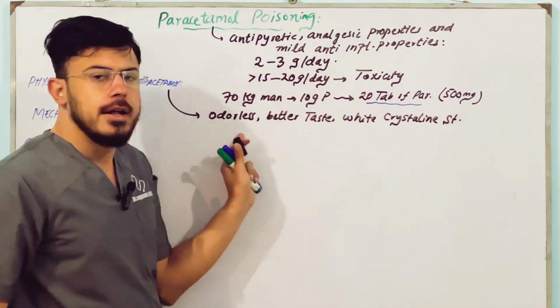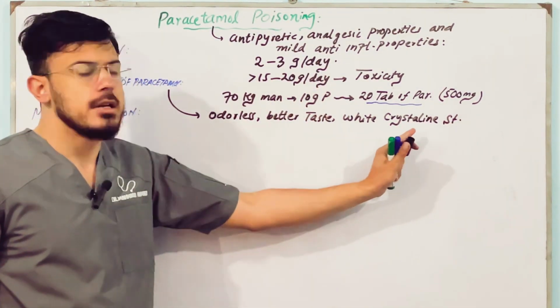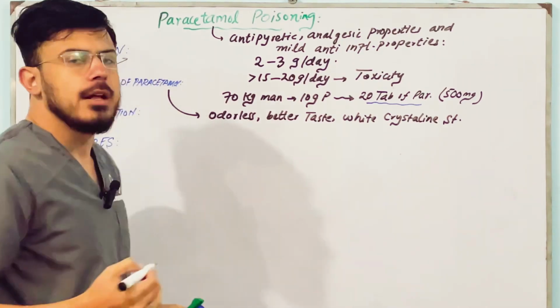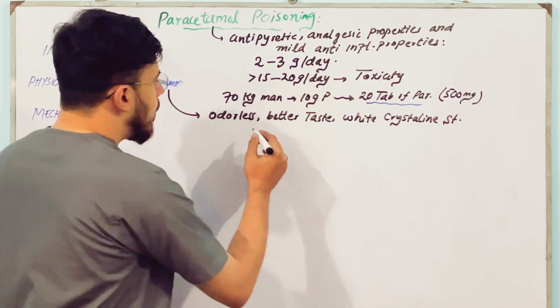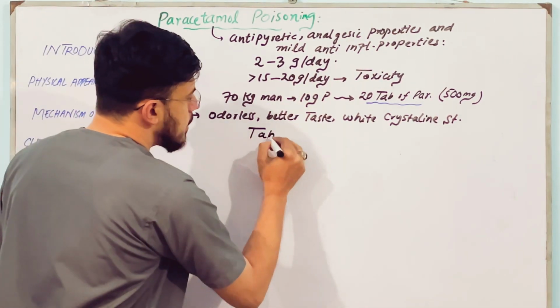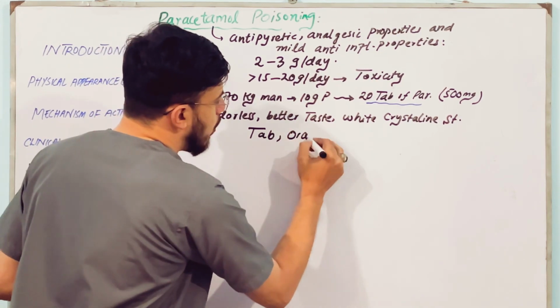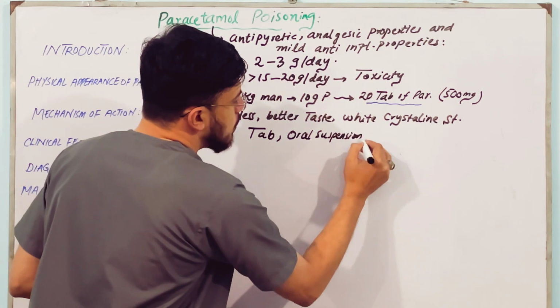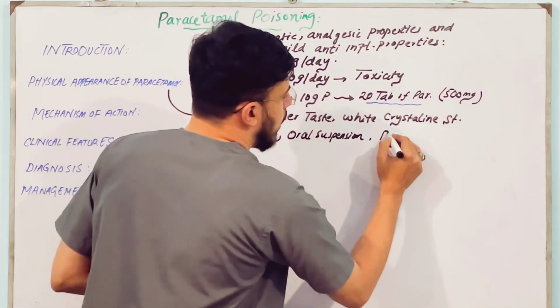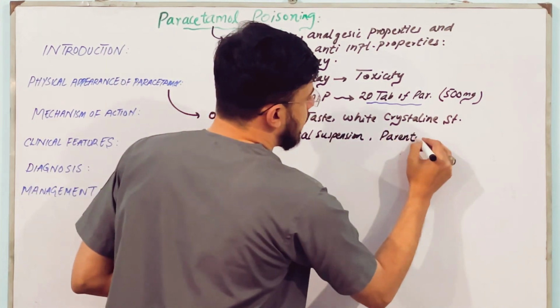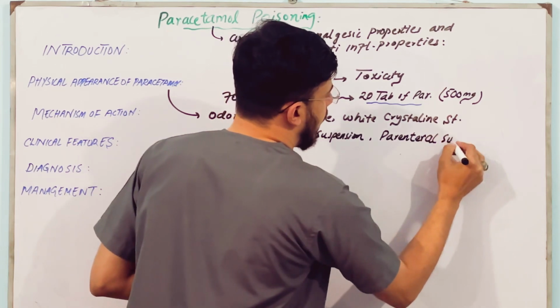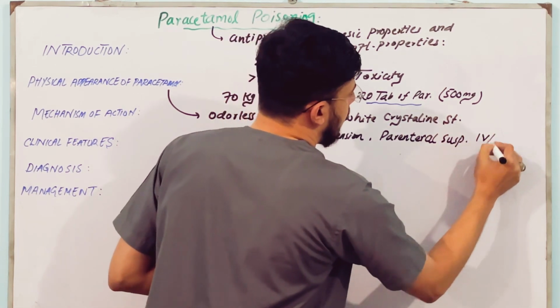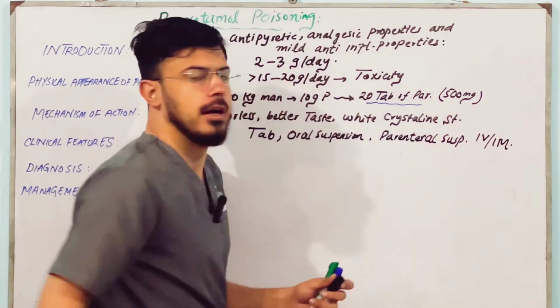It is available in the form of tablets, and also as oral suspensions, mainly in pediatric age group patients. It is also available in parenteral form, like IV and IM.